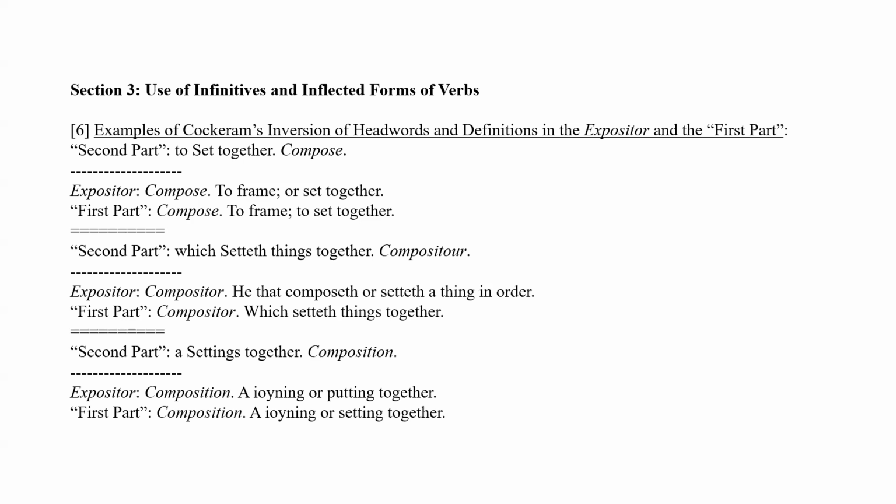In some cases, such infinitives and inflected forms of verbs may apparently be a natural reflection of Cockeram's reference to the Expositor and the first part, as seen from the 3 sets of entries in the slide, which is indicated by reference number 6.